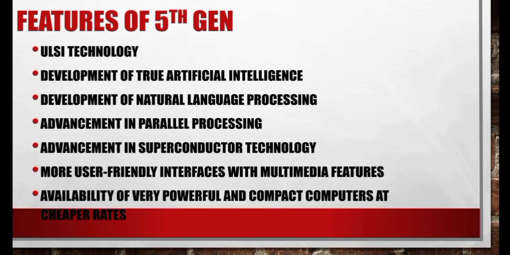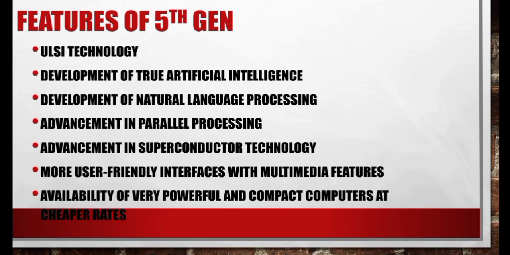So let's check on the features of the fifth generation. That is today: ultra large scale integration technology, development of true artificial intelligence through AI, development of natural language processing. You notice that there are several processing languages used today, high-level programming languages, and many more.